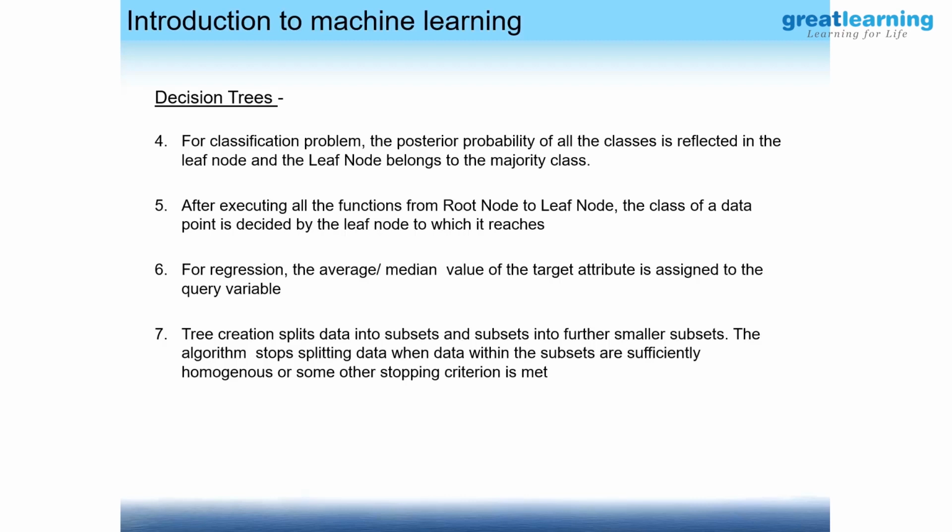The decision tree expresses the relationship between independent variables and the target class using these paths. The paths tell you how these independent variables are related to the target class. That is my model.